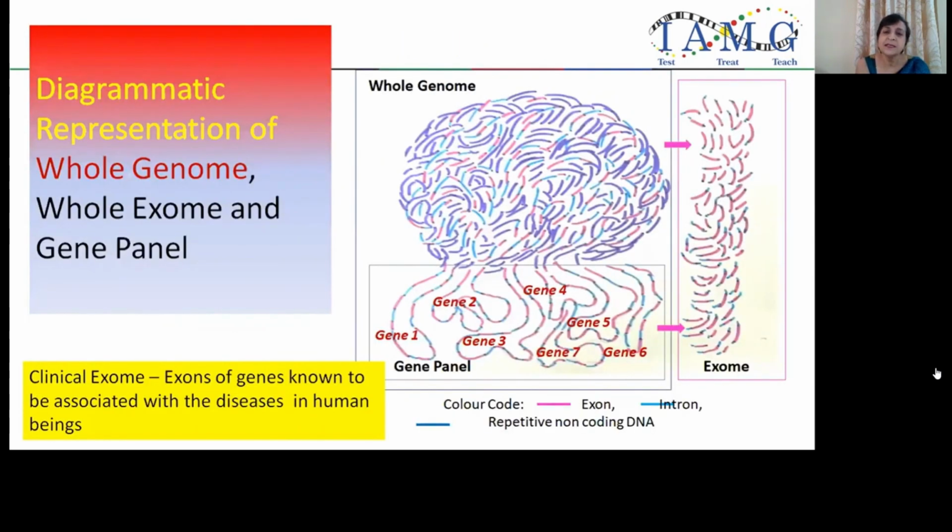patient. This is a representative diagram of the whole genome of an individual from one cell. The pink colors are exons or coding regions, the green color are introns, which are non-coding, and there is a lot of repetitive DNA also in the genome.